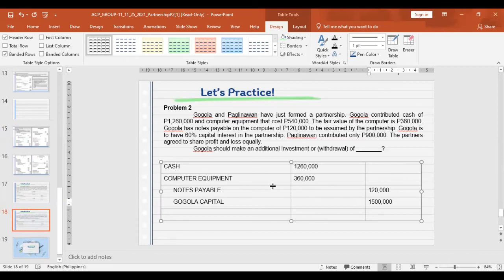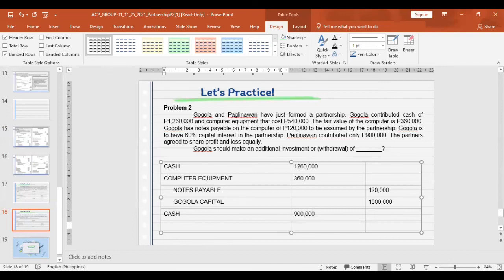Pero sabi dyan, 60% lang daw yung capital interest ni Gugula sa partnership. Kay Paglinawan, cash na 900,000, i-record din natin yun. Paglinawan capital na 900,000. Kung 900,000 yung binigay ni Paglinawan, represents yan ng 40%.